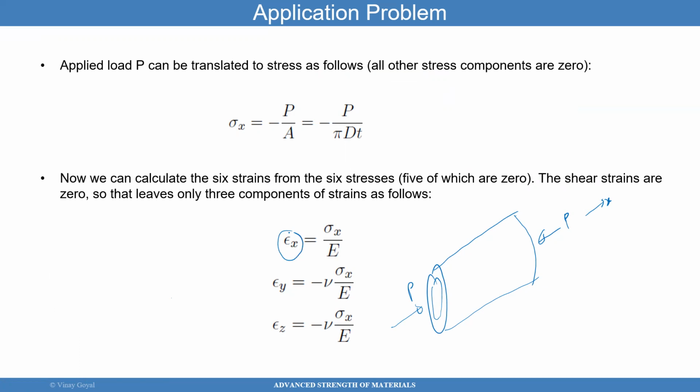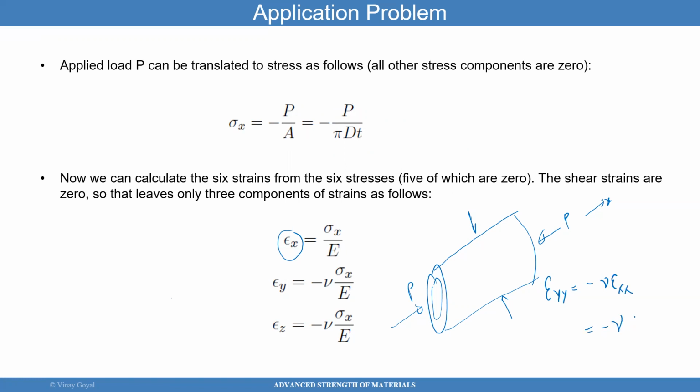But I expect that laterally, as I already discussed, this cylinder should contract, and it contracts by a Poisson ratio times epsilon xx. So if you recall, we said that epsilon yy will be equal to minus nu epsilon xx.